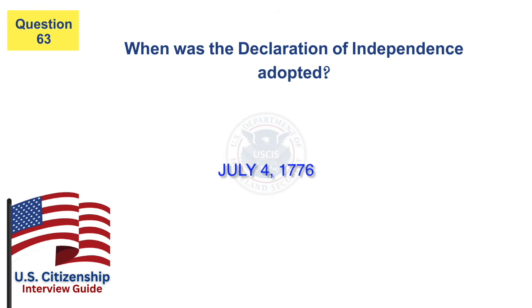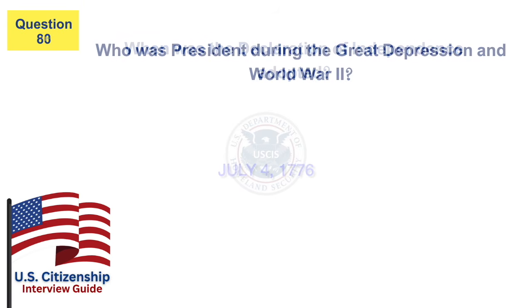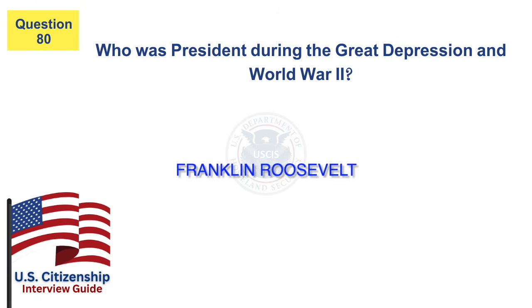July 4, 1776. Who was president during the Great Depression and World War II? Franklin Roosevelt.